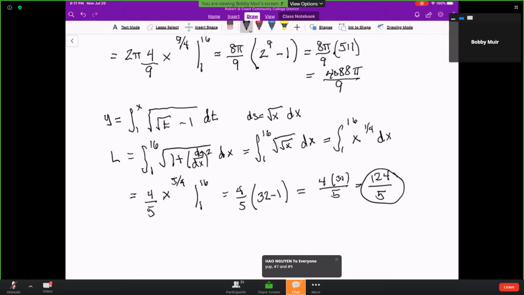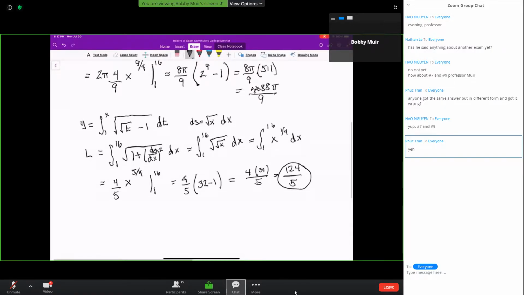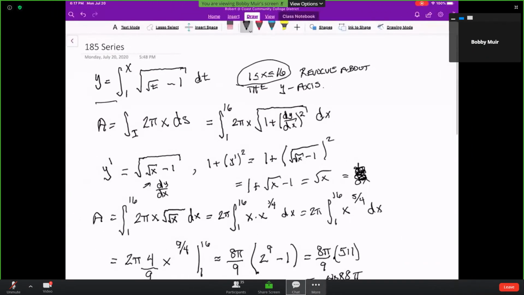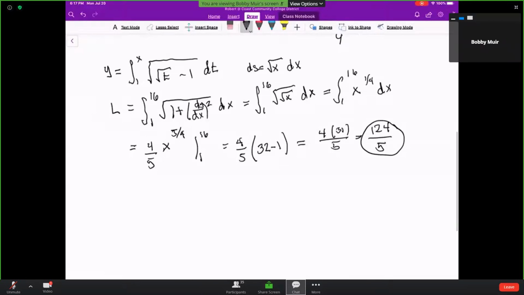Now the other thing that caught my attention about this problem is that this is one of the few mistakes in Stewart. In the question he asks to find the surface area, but what he reports as the answer is the arc length. So this is the fourth mistake that I know of in Stewart.